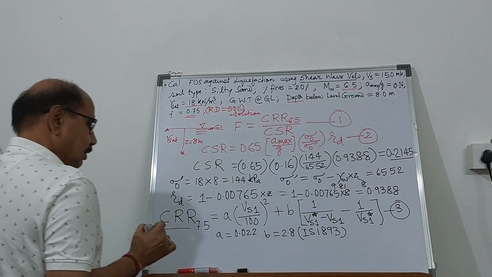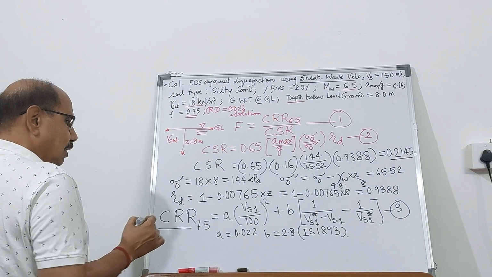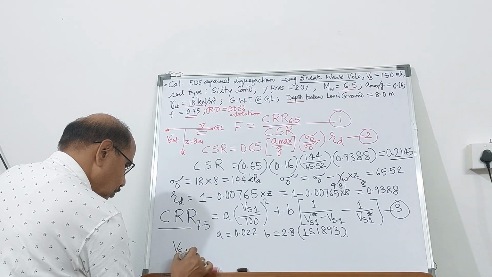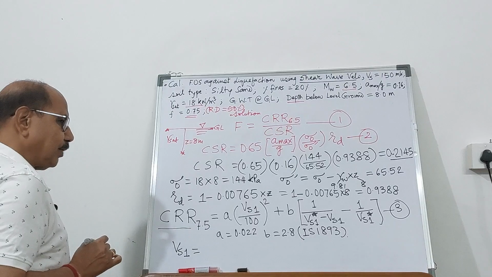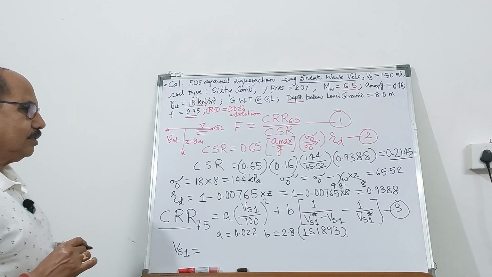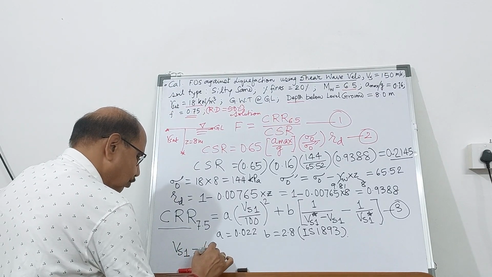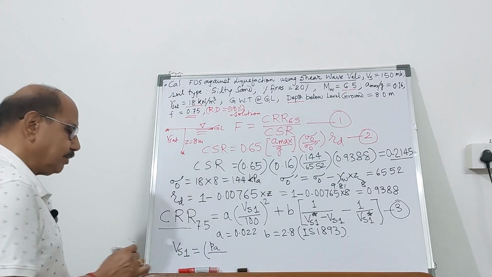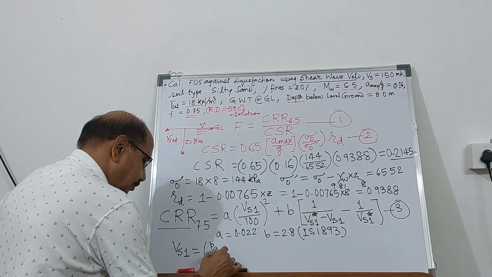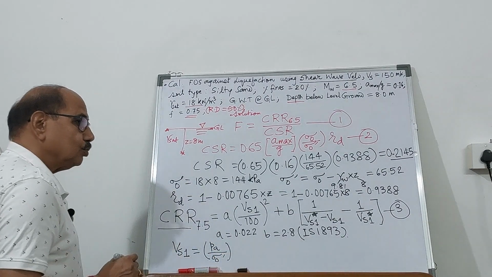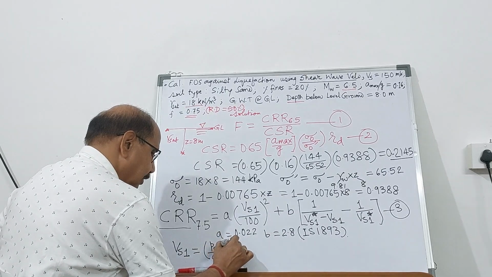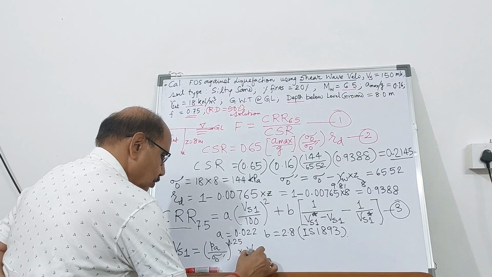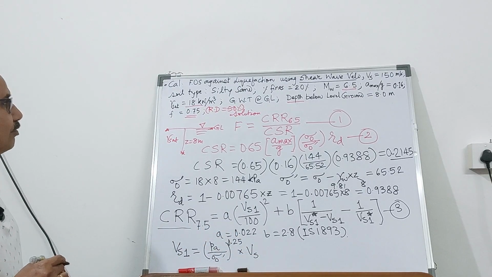And Vs1 is the corrected value for overburden pressure, and Vs1 is going to be the value of atmospheric pressure divided by effective overburden pressure, raised to power 0.25, into the shear wave velocity.